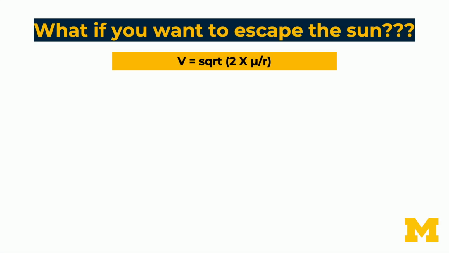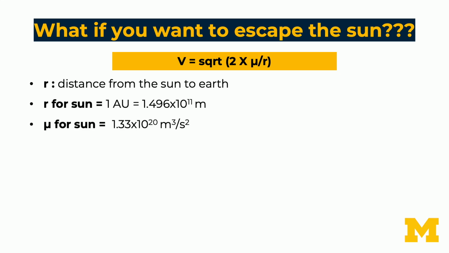In this equation, the only differences are the mu and the r. So we basically can find a mu for the sun, which is significantly bigger than the mu for Earth, and then the radius is, let's say, the distance from the sun to the Earth, which is 1 astronomical unit, which is 1.5 times 10 to the 11th meters.